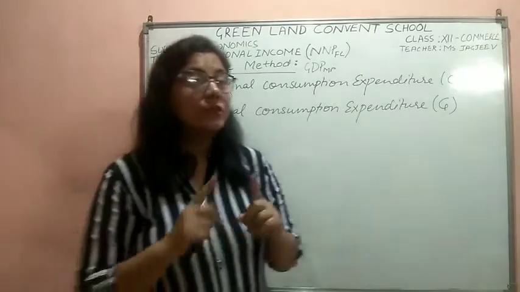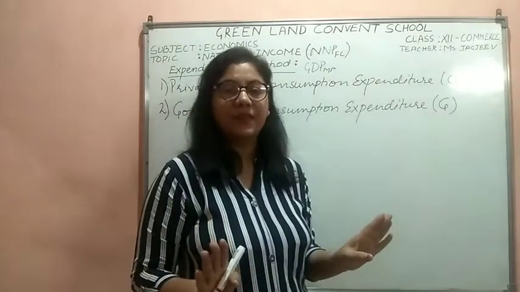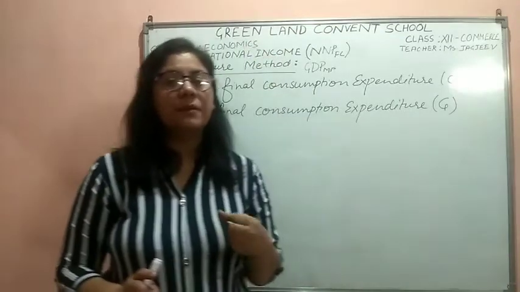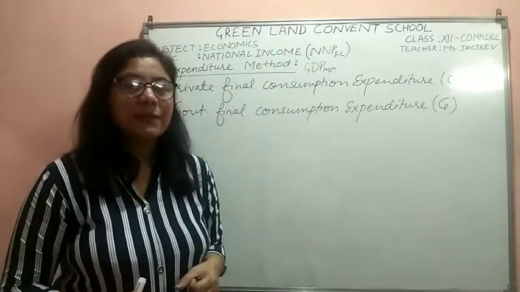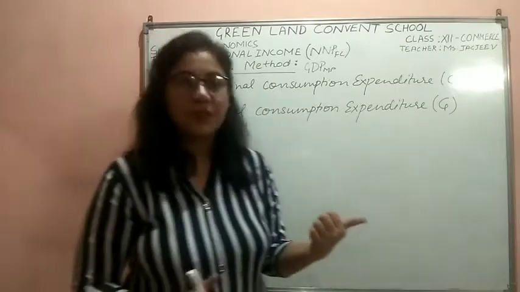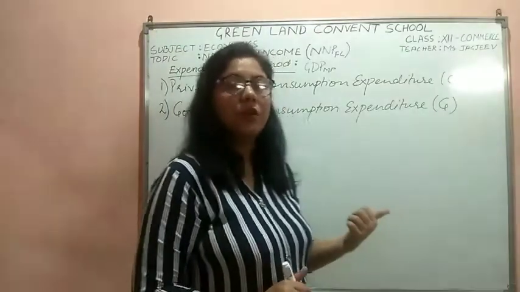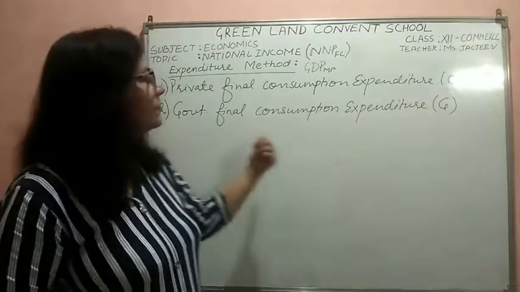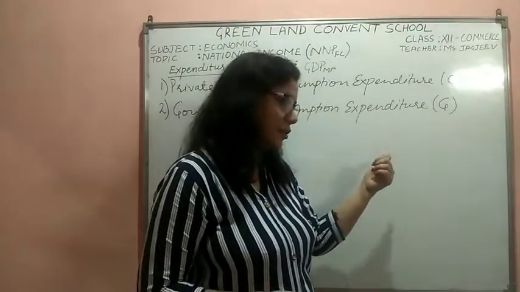That expenditure, which is not the investment expenditure by the government, should be the consumption expenditure made on midday meals or on the defense personnel. Consumption of food or consumption of uniforms. That is government final consumption expenditure.